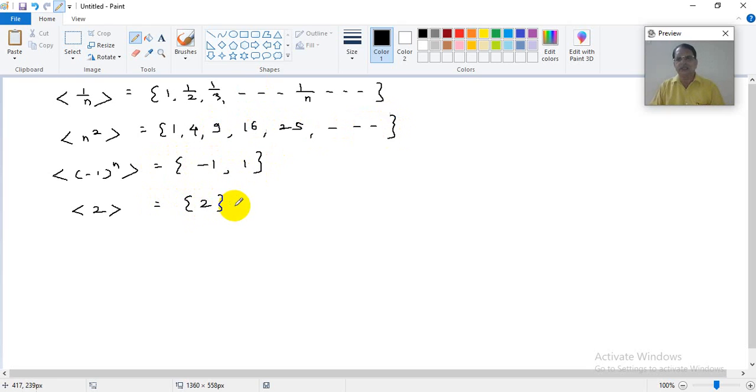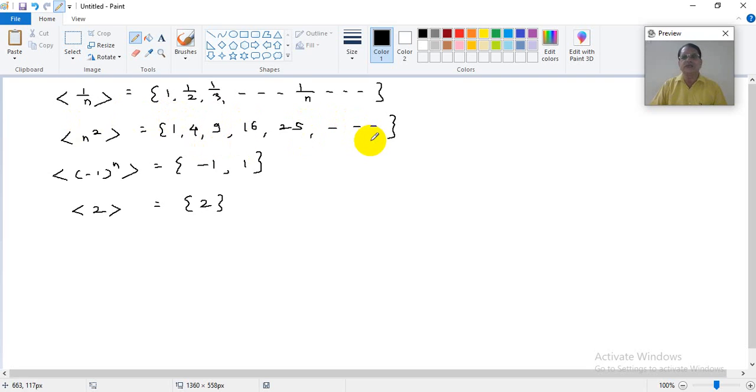Why am I taking these 4 different examples? Here the range set is infinite, right? Actually you can prove that this is countably infinite. You can have a 1-1 correspondence between the set of natural numbers and this set 1, 1/2, 1 by 3. By definition f of n is 1 upon n, which we can prove is 1-1 and onto. So this sequence 1 upon n contains infinitely many terms.